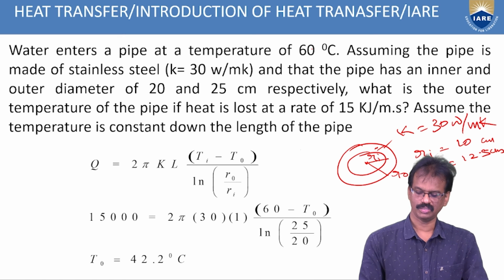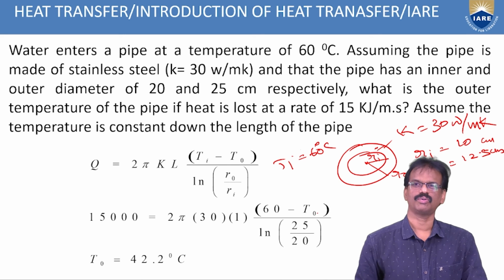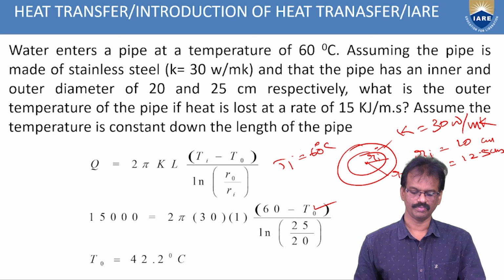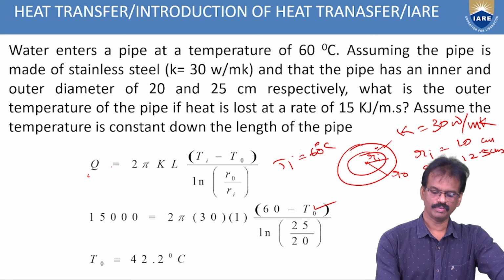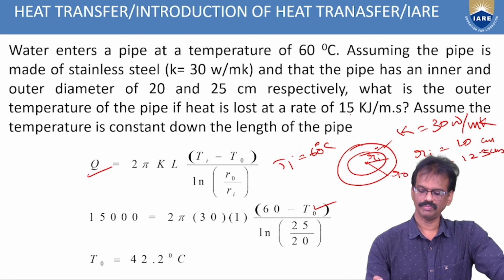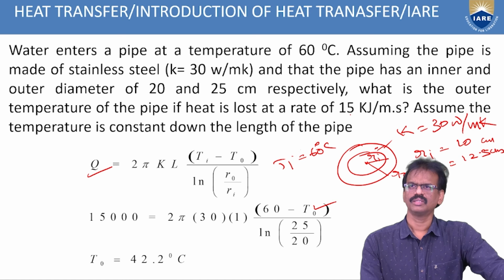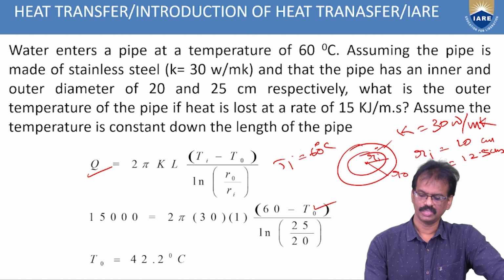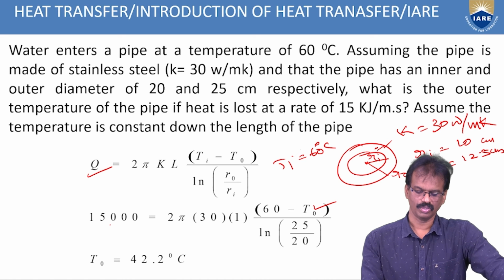Inner temperature Ti is given, 60 degrees. So T naught you have to find out. Q is also given, 15 kilojoule per meter second, that is kilowatts, so I have to convert into 15,000 watts.